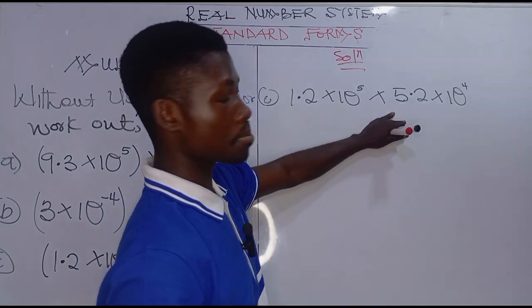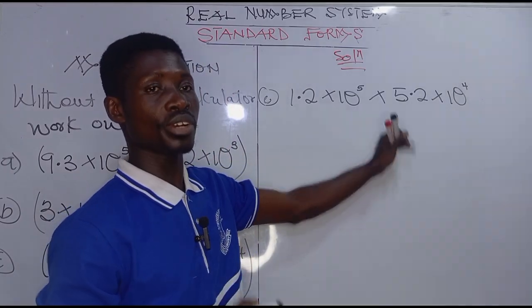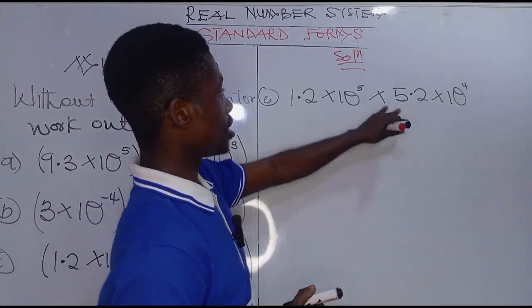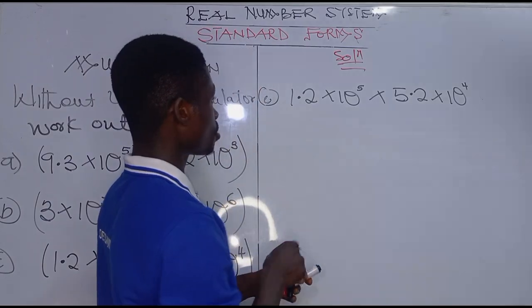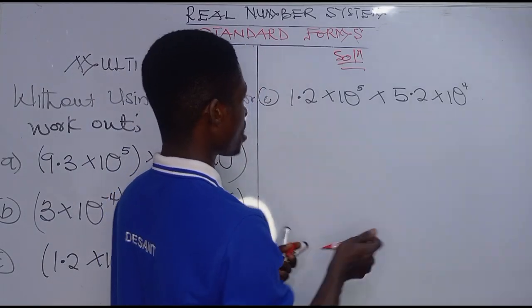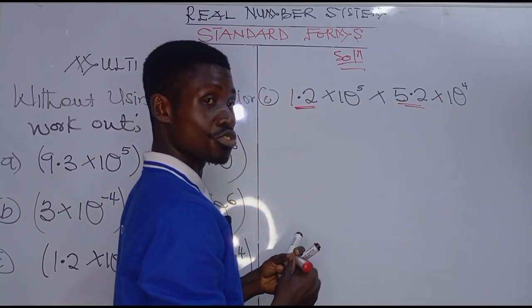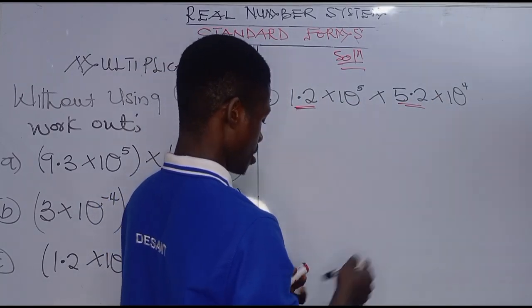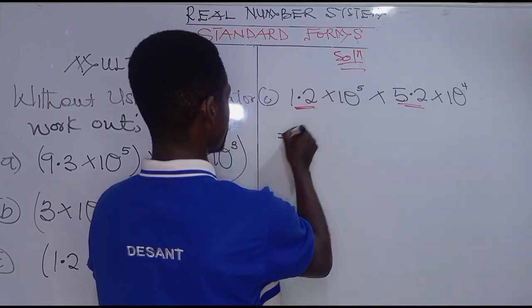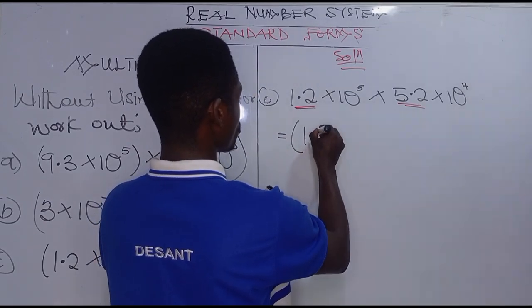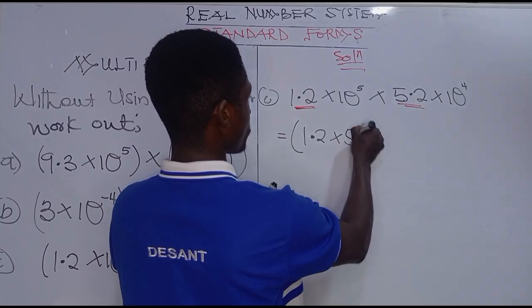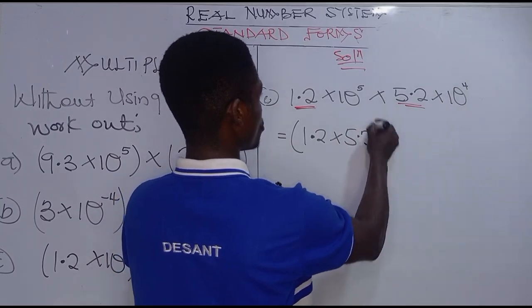So we have our last example. As I said, you can pause the video and try your hands on it. What we are going to do is multiply the decimal fractions, this and that together. We are going to group them and then we multiply them together. So we have 1.2 times 5.2.